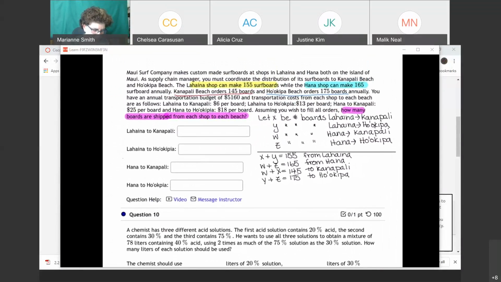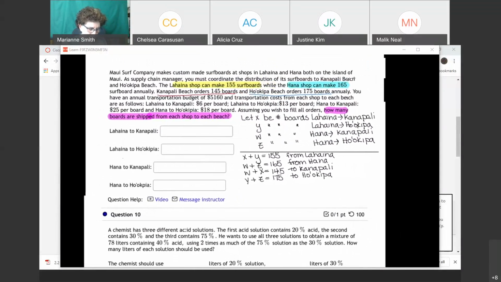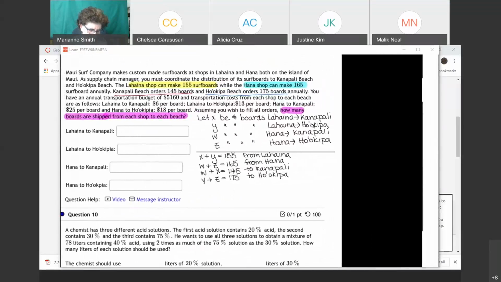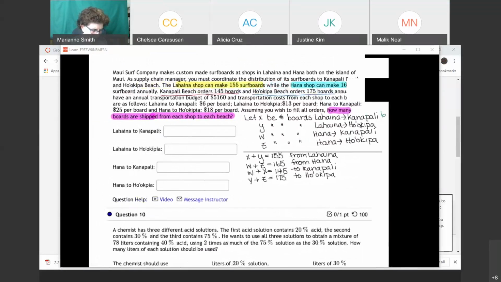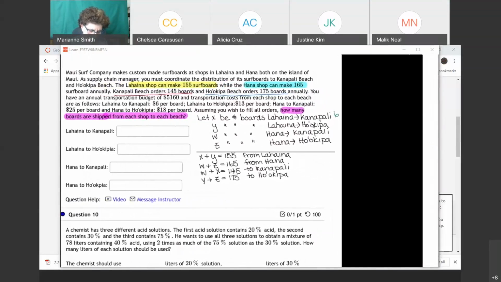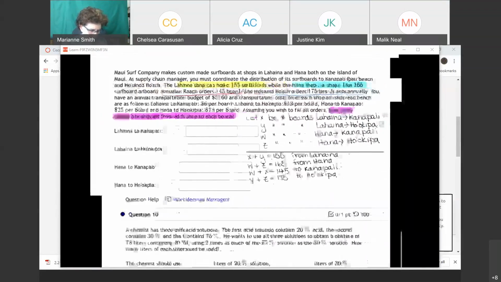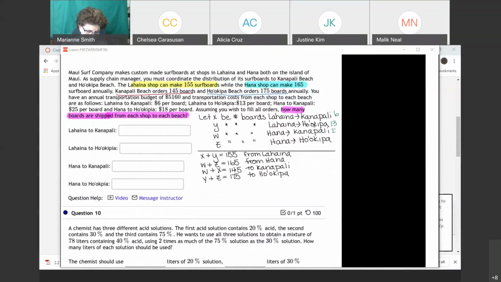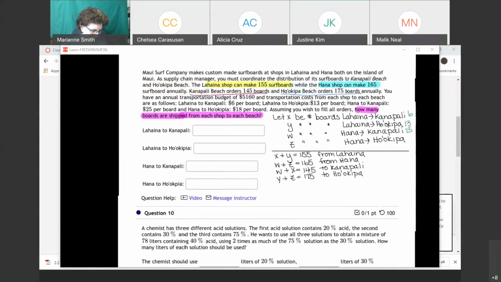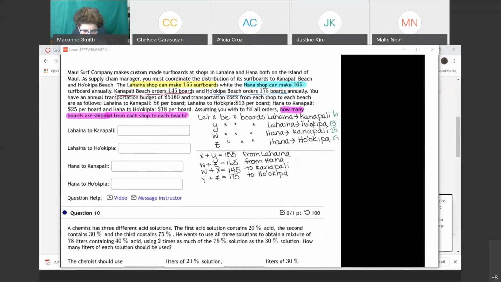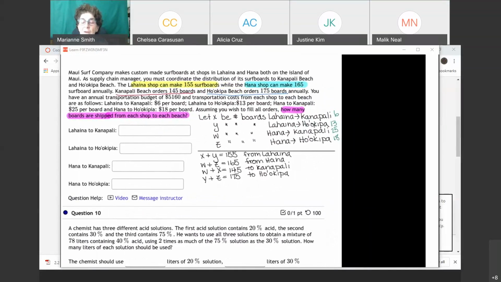Let's see, let's try green. Okay, so to go from Lahaina to Kanapali, that's $6 a board. To go from Lahaina to Ho'okipa is $13 a board. And Hana to Kanapali, that was the expensive one, 25. And Hana to Ho'okipa, 18. Okay, so those are all my shipping costs. And you notice there's a separate one for each variable. Okay, and again, we have a transportation budget of 5,160.